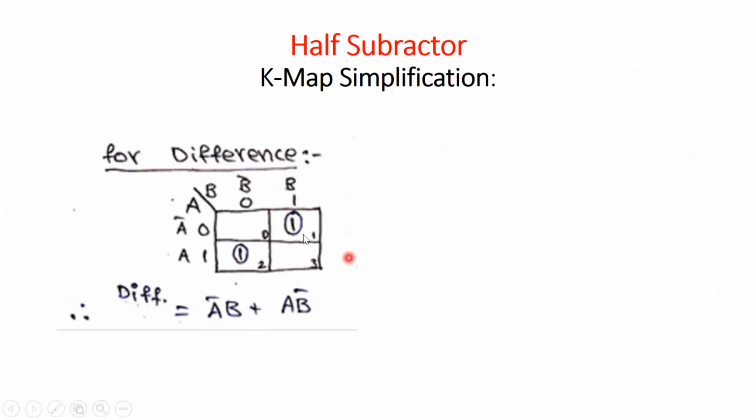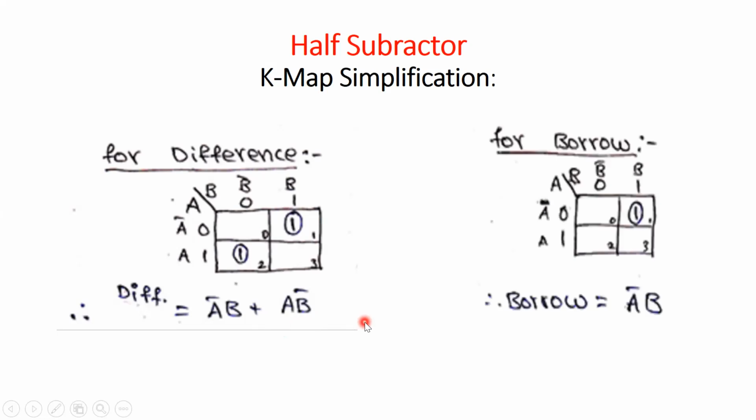For this one you have A dash B, and for this one you have A B dash. This is your difference equation, and here you have the borrow equation. Only one term is present, so that is A dash B. So this is your K map simplification for half subtractors.